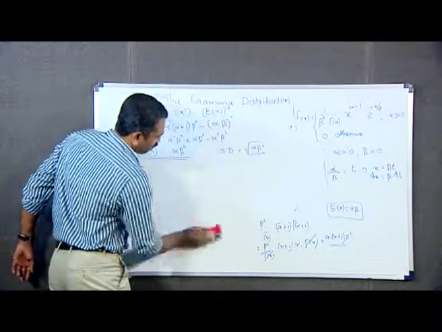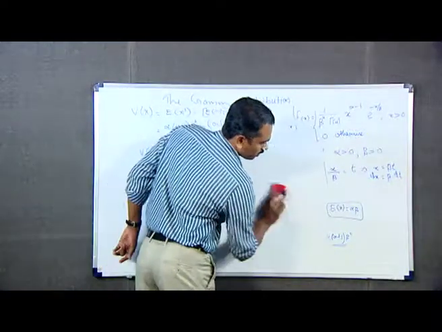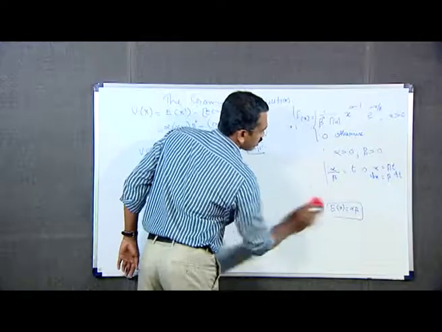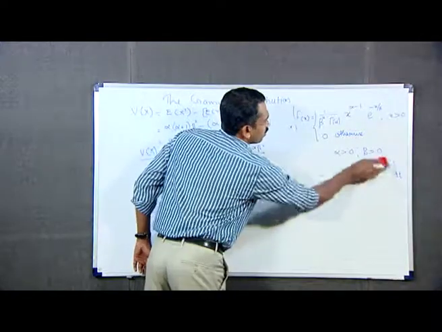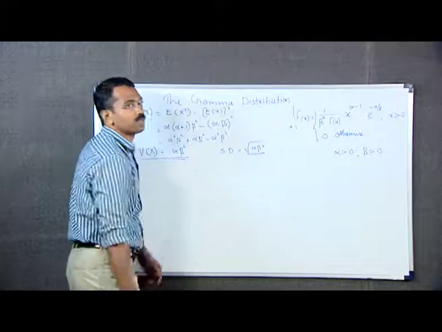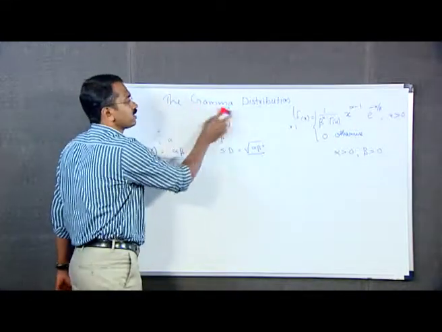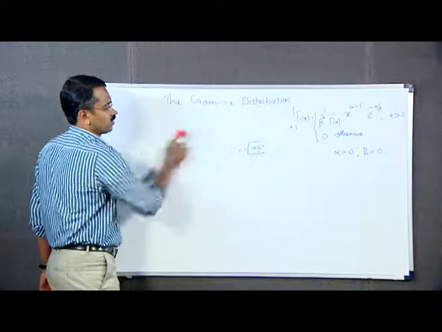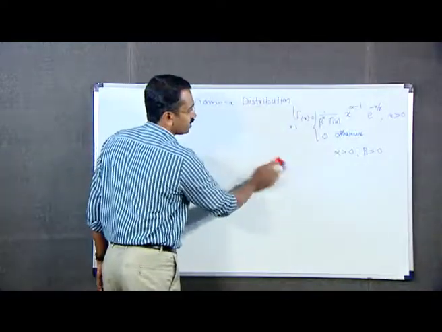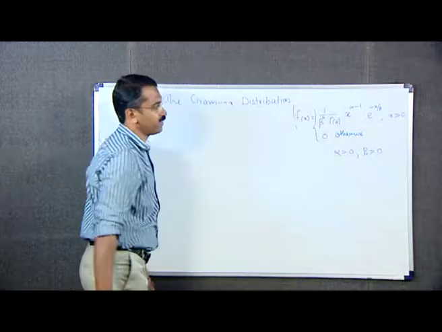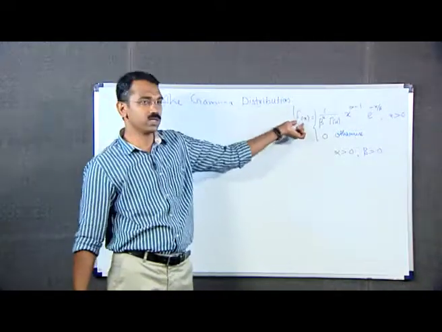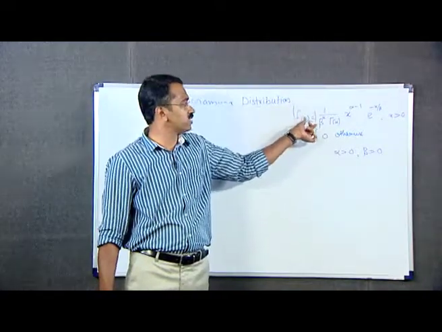Now, we have to find the moment generating function for the gamma distribution. Consider a continuous random variable having gamma distribution with the parameters alpha and beta. Then the corresponding probability density function is this.